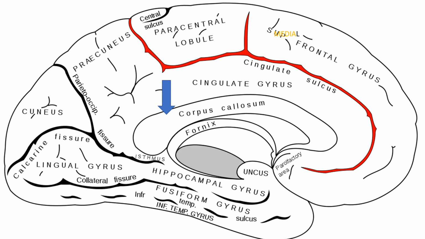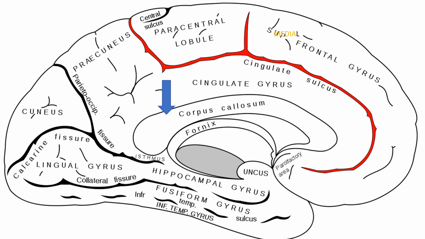The posterior part of the medial surface behind the paracentral lobule has two main sulci, the calcarine sulcus and the parieto-occipital sulcus, which we have already seen earlier.